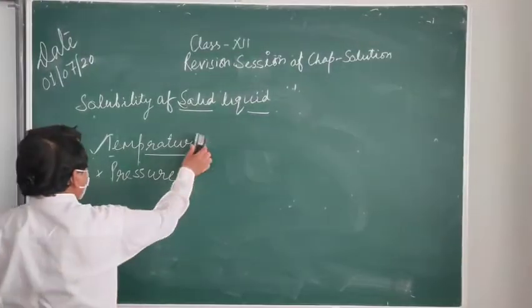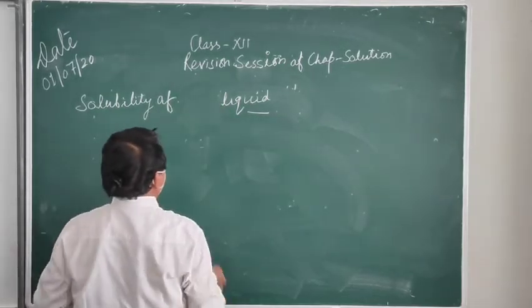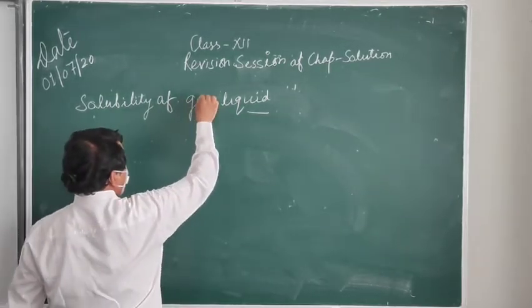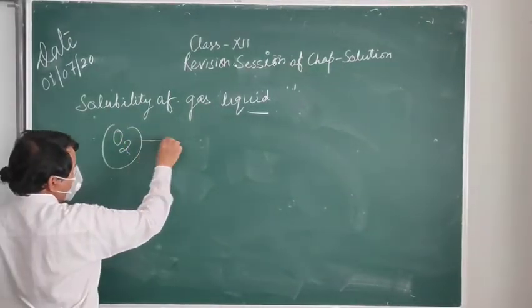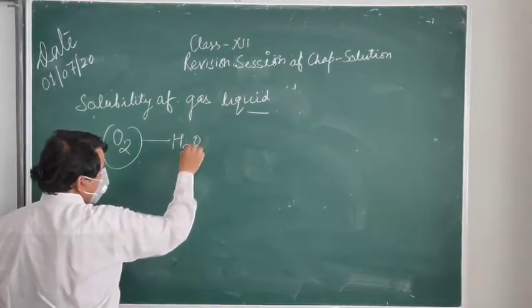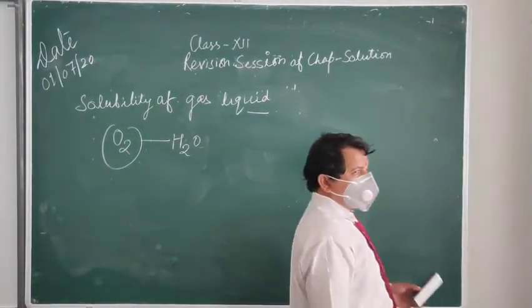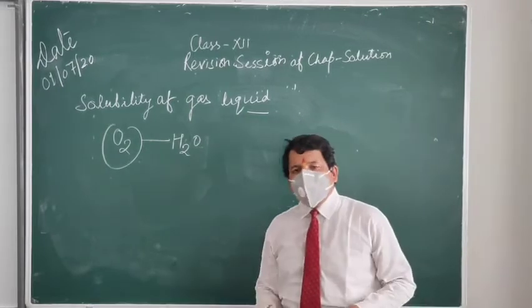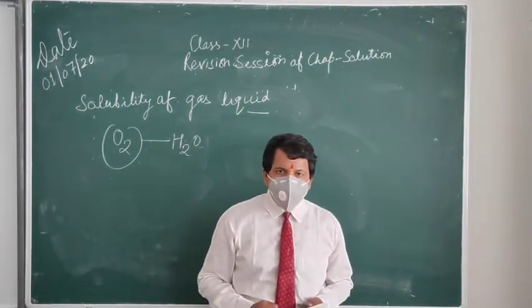Gases in liquid: how much maximum gas we can dissolve in any liquid. For example, I want to dissolve oxygen in water. We all know that gases have sufficient intermolecular space and gases are compressible.